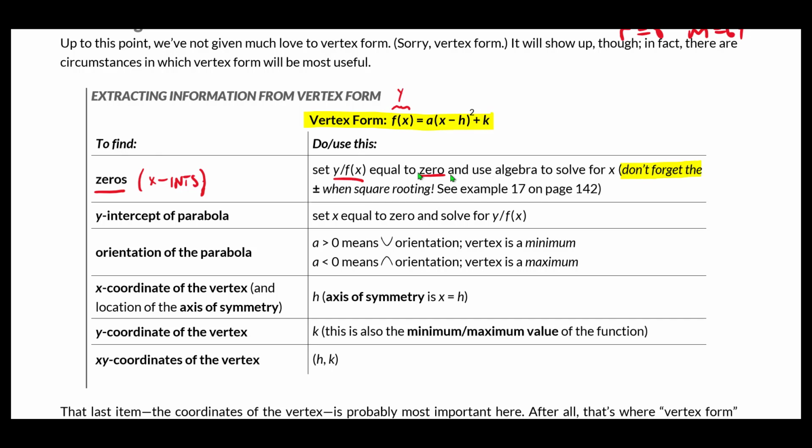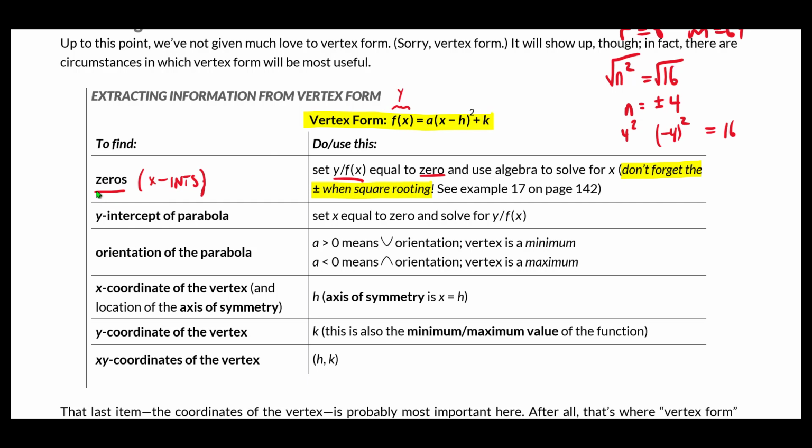When we go through this process of setting y or f of x equal to 0 and then solving for x, there is often going to be a step at which we have to account for the fact that when we have a squared variable, let's say we have n squared equals 16, and we square root both sides of this equation, we do have to account for the fact that n can have both the positive and negative value. n equals positive or negative 4, because both 4 squared and negative 4 squared will give us 16.